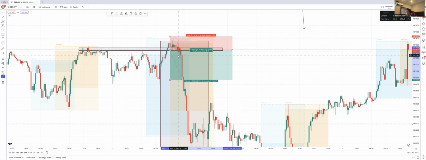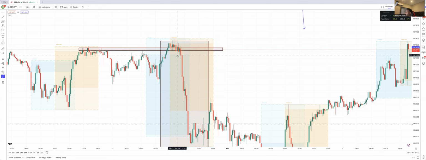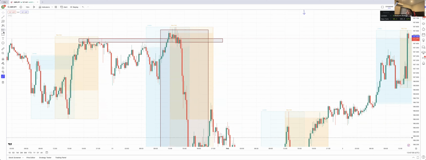I like to come in when people are not really entering the market, or when there's a manipulation to take liquidity from the market before the actual movement. So on the 15-minute time frame, I can see an M pattern right here.